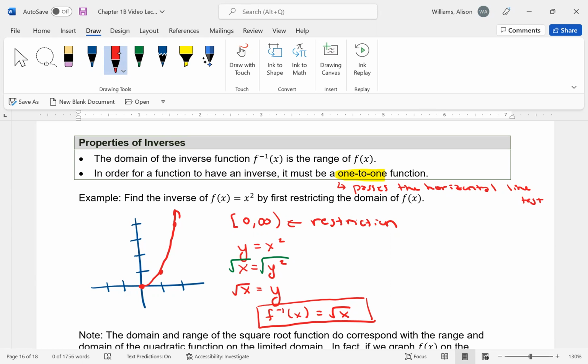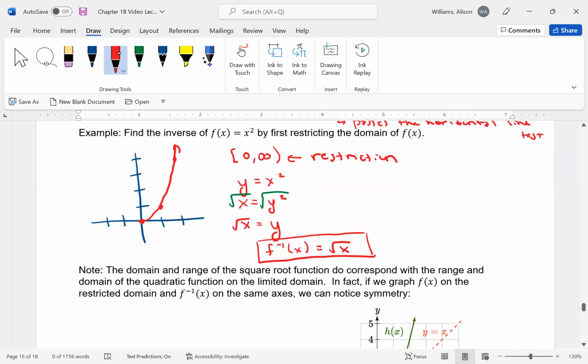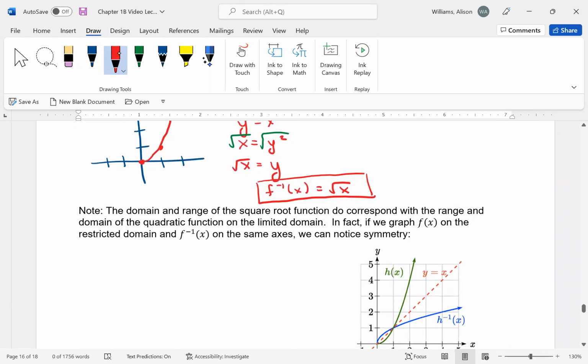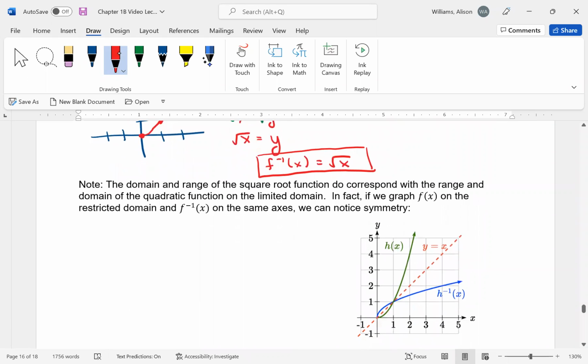It actually does kind of make sense. In fact, I explore this a little bit down here. If this is, oh, they used h for some reason. Okay, so this is x squared and this is the square root of x. That's the graph of both of those. You see how there's this cool symmetry across the diagonal y equals x?